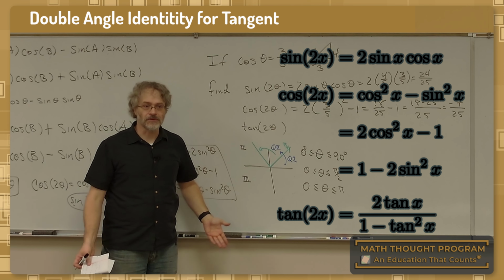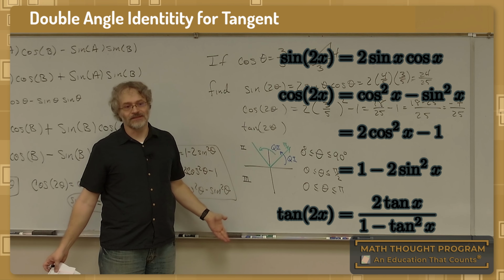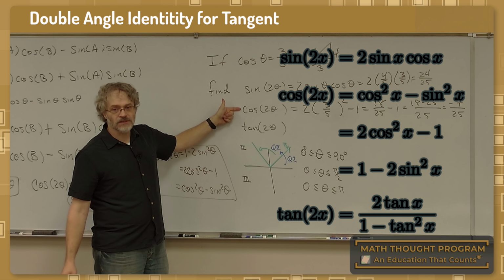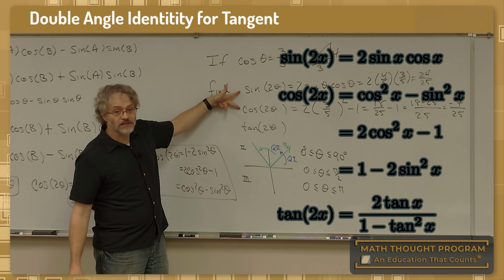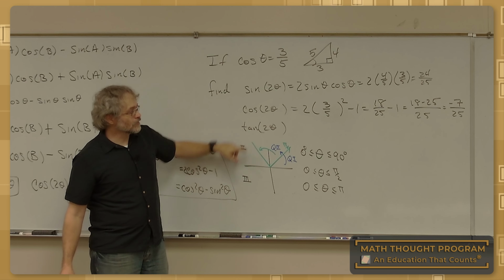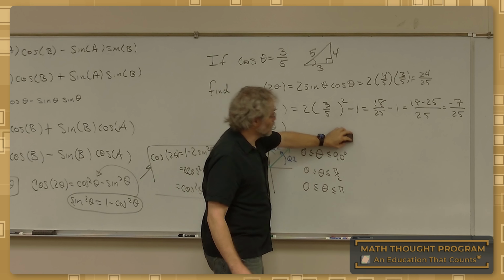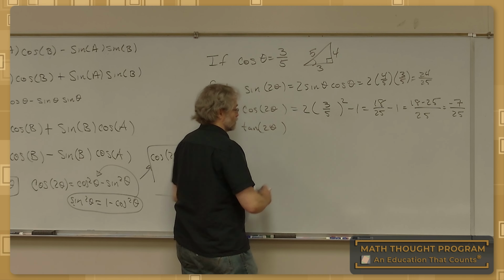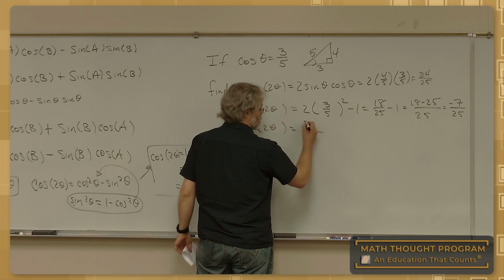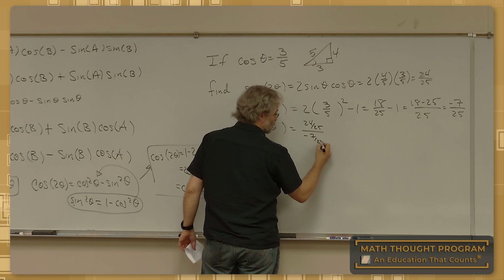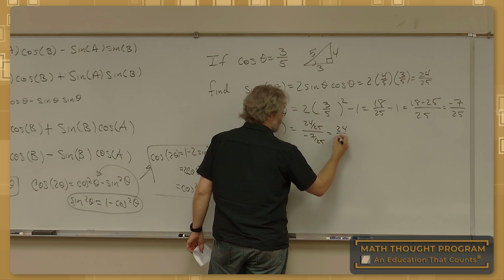Well, you guys know the secrets. What's tangent? Sine over cosine. If you know these two, you know this one by default. And since I already know what's happening here, I'm going to take the ratio. I'll have 24 over 25 minus 7 over 25, and I'm done.